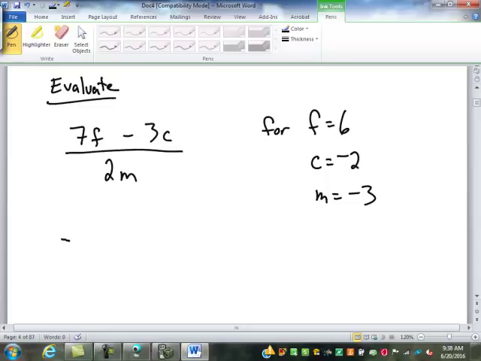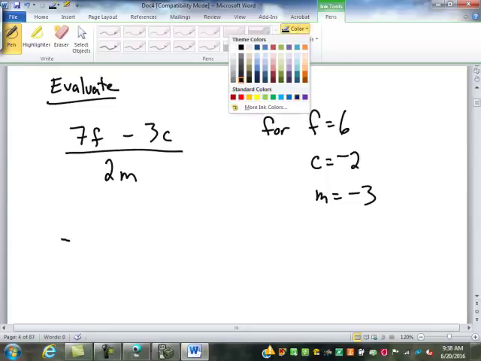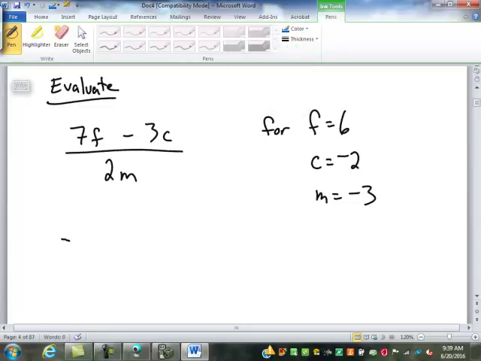So for this one, we're asked to evaluate 7f minus 3c all over 2m, when f is 6, c is -2, and m is -3.